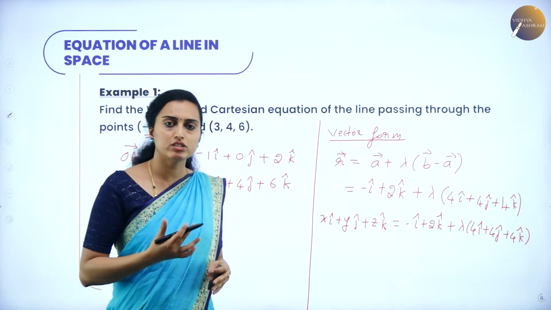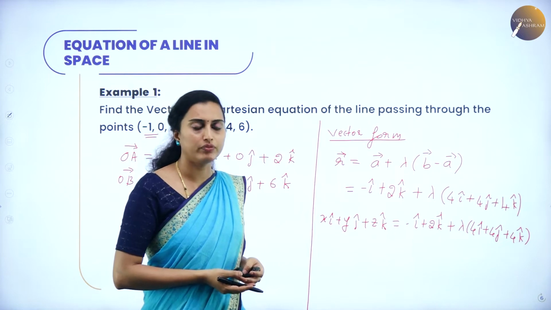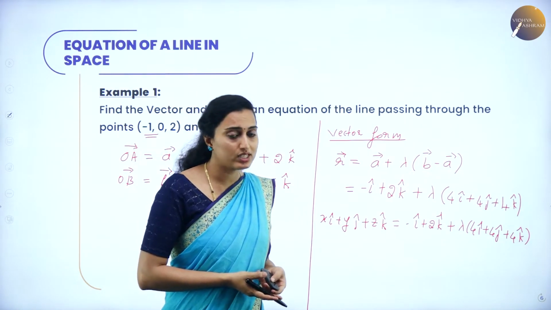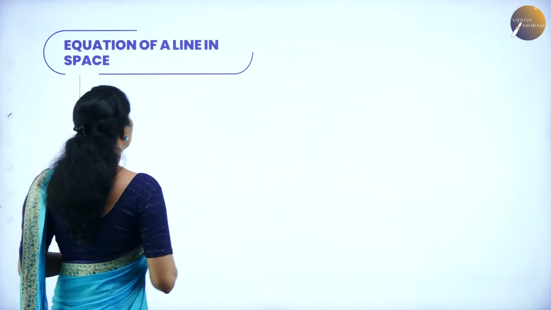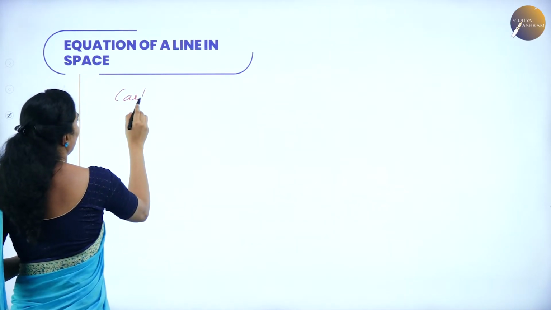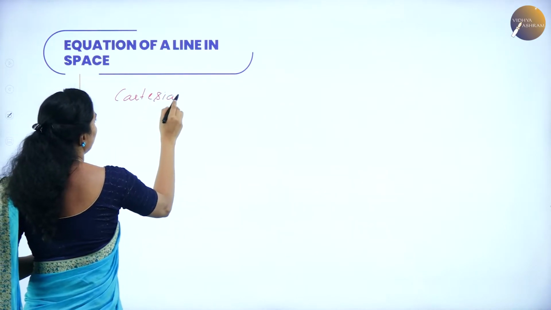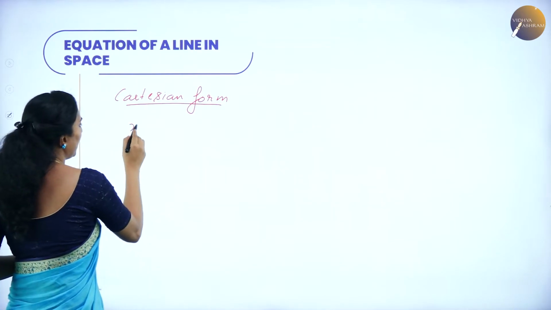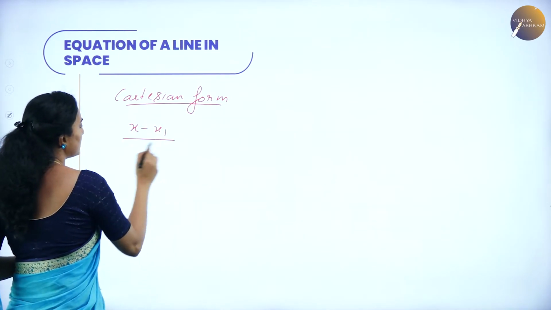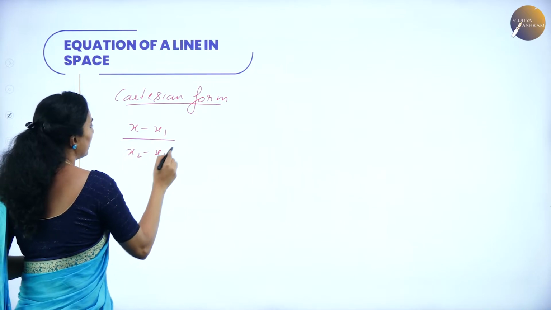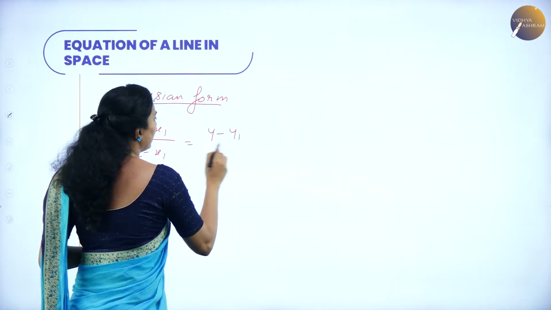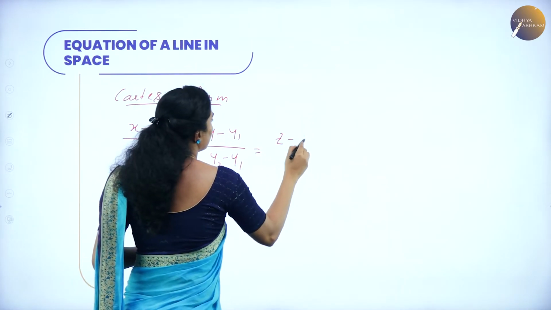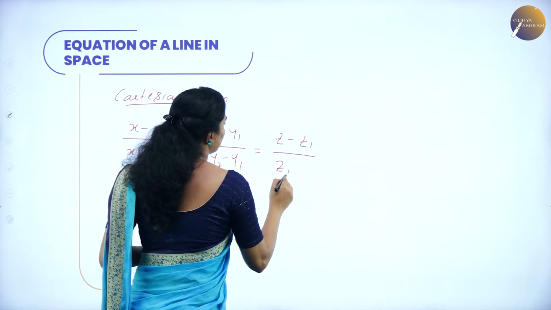So this is what is called the vector form. Now you need to reduce it to the Cartesian form. The Cartesian form is given by, I am writing the formula directly, (x minus x1) by (x2 minus x1) is equal to (y minus y1) by (y2 minus y1) is equal to (z minus z1) divided by (z2 minus z1).